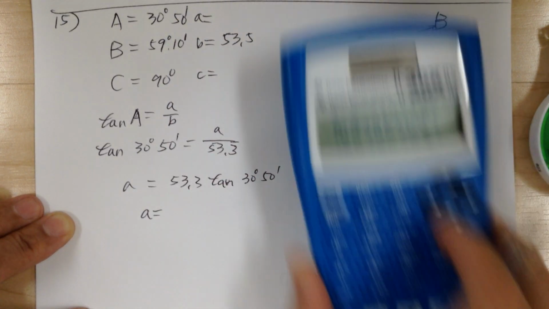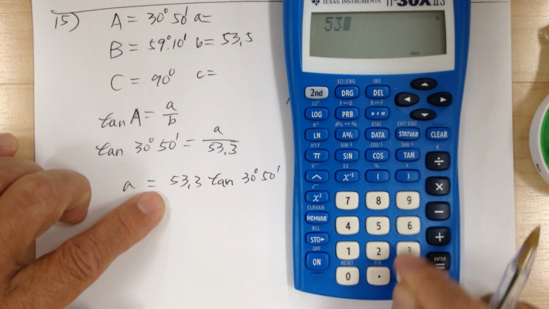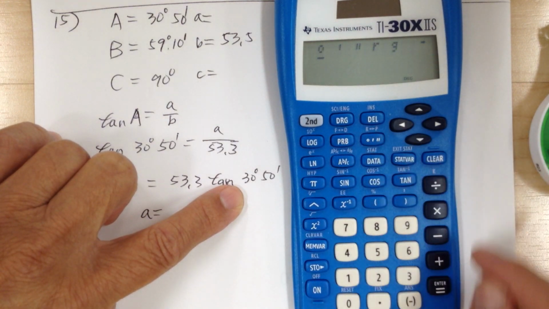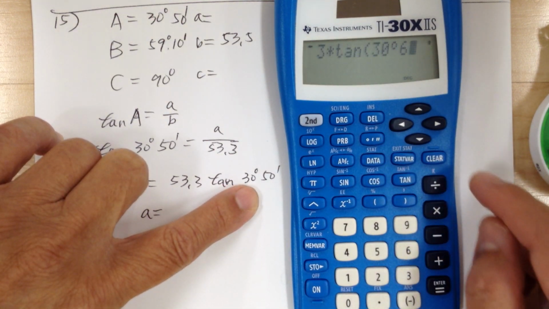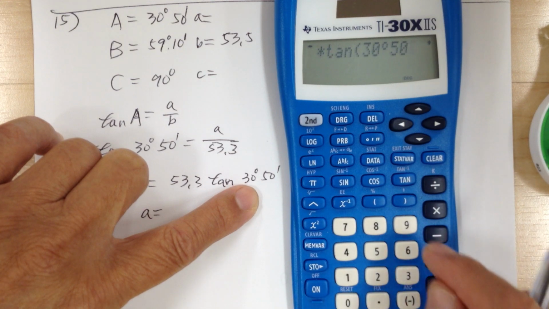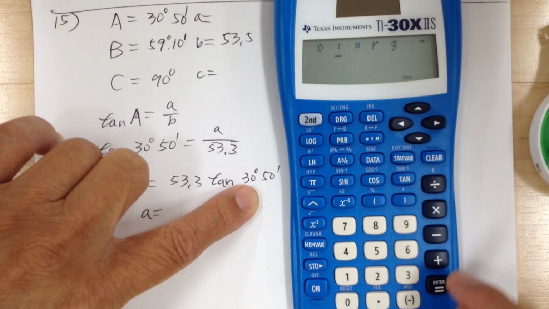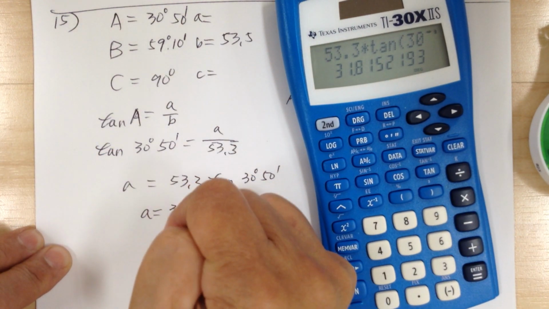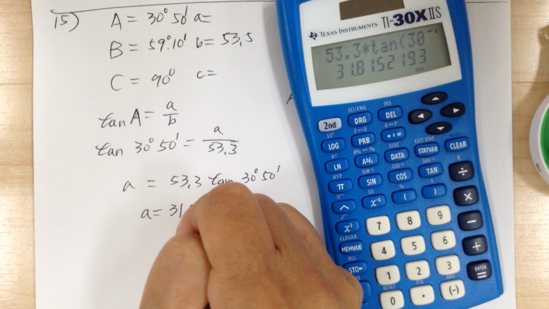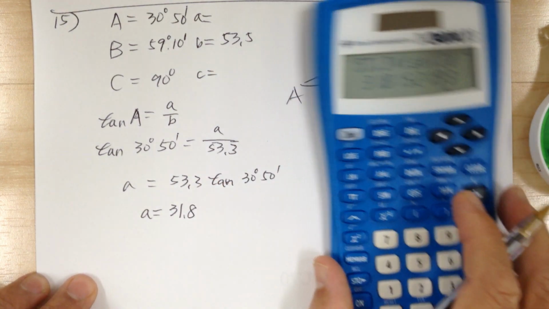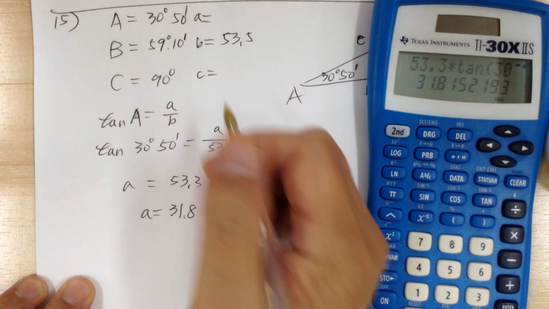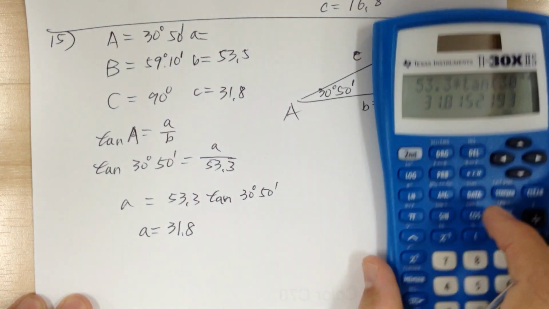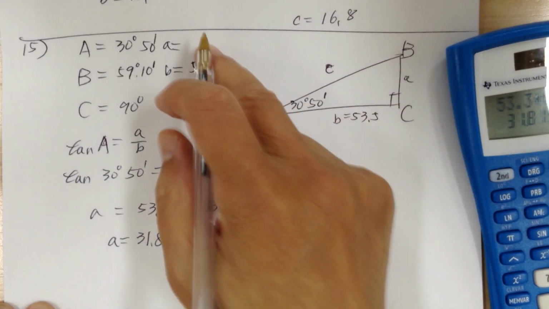Get a calculator. 53.5 times tangent of 30 degrees and 50 minutes, equal, so a equals 31.8.